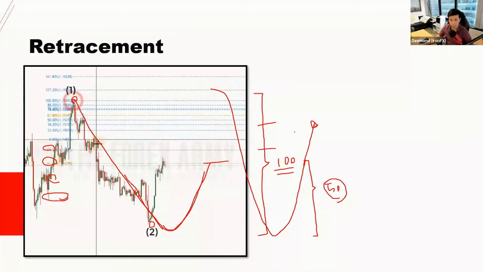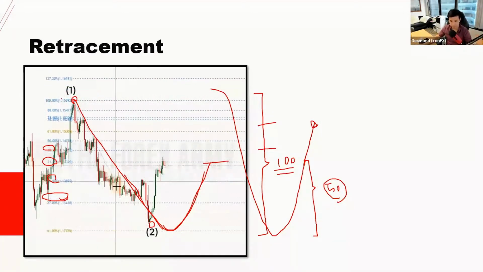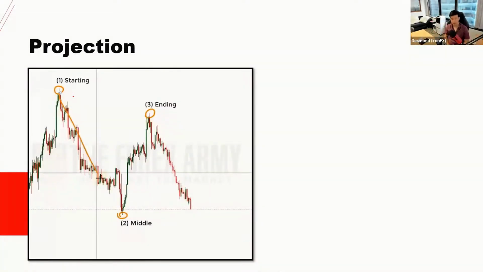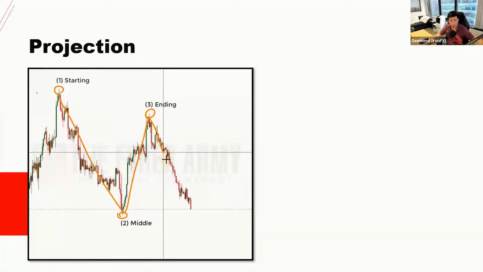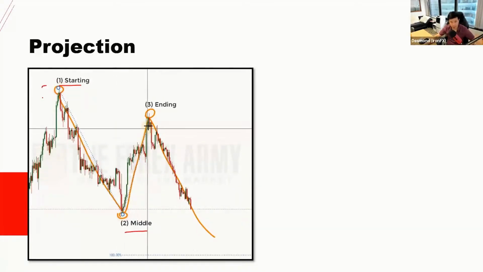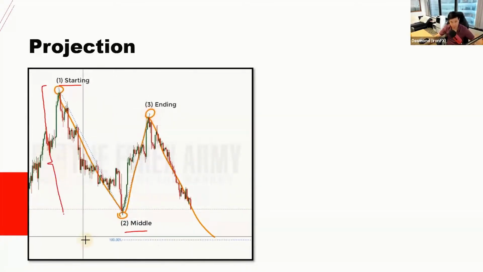Now the next thing we do is Fibonacci projection. It is a little bit more complicated, but it basically means you see the starting point here and the middle point. You are taking the distance from the starting point to the middle point.